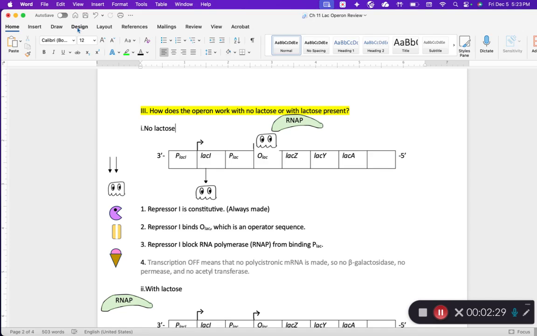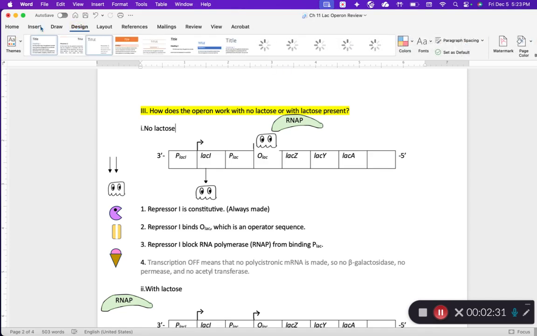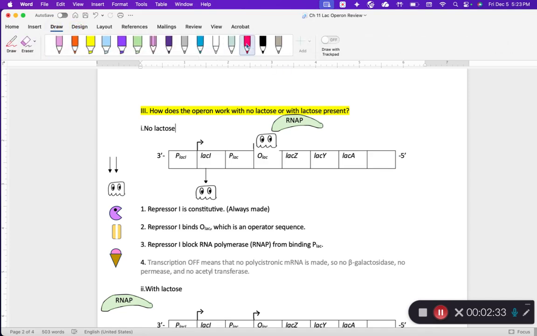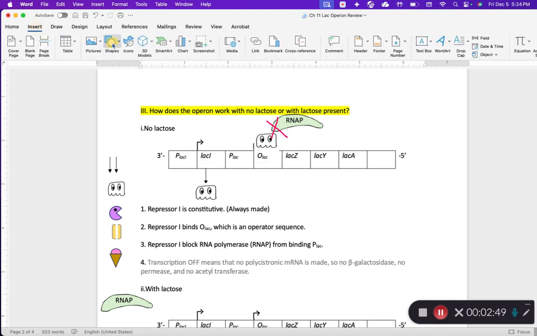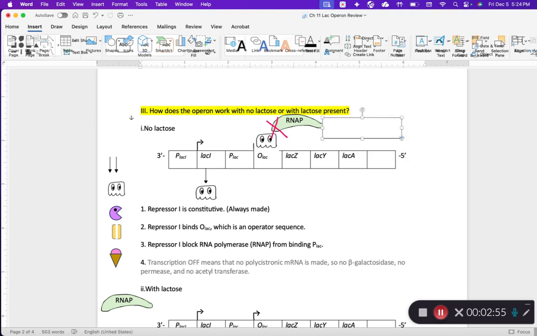I'm going to show that it totally blocks it there, and it keeps that RNA polymerase from binding, which means transcription is off. So I'll type here: transcription off.